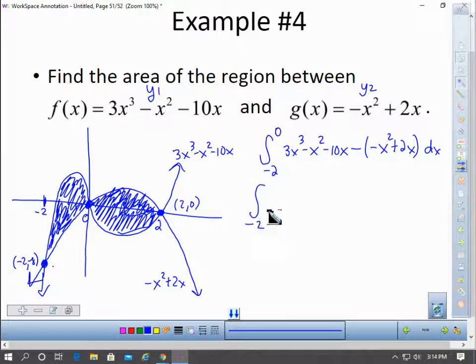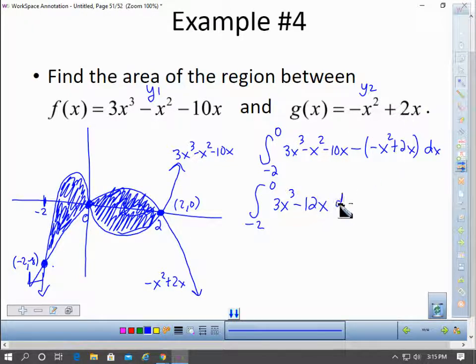All right, so I'm doing -2 to 0 of 3x cubed, and then I've got a minus x squared, and then this is going to be minus a negative x squared, so that's going to be adding an x squared, so those guys are going to cancel. And then I've got minus 10x minus a 2x, so that's going to be minus 12x, because I've got -10x minus this 2x.